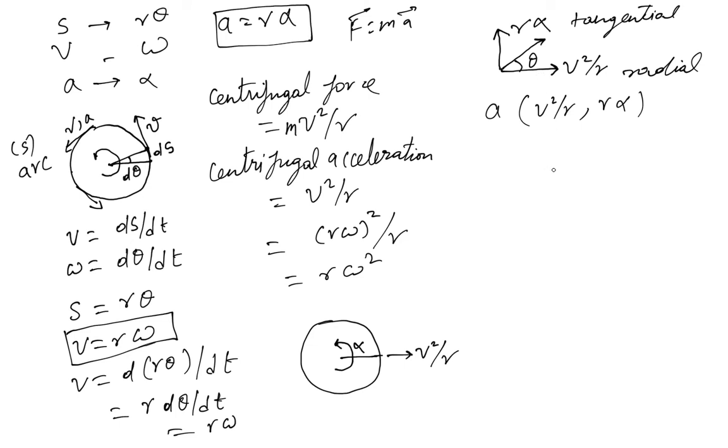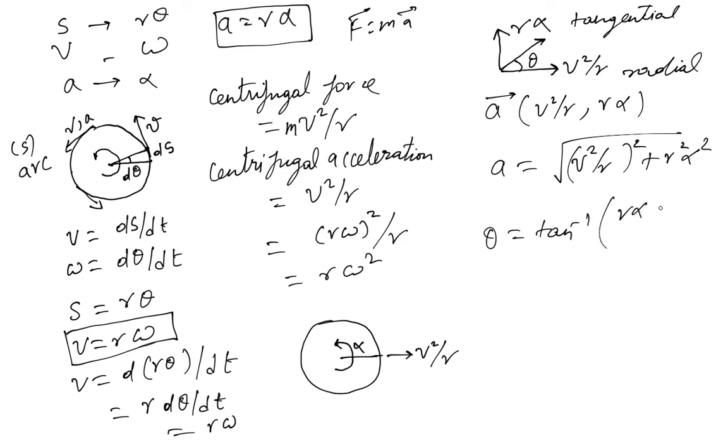So let's make a vector so that we differentiate; the magnitude is going to be, we already know how to do that, the square root of (v square over r) squared plus r square alpha square. This is the acceleration. And angle theta is going to be tan inverse of r alpha over v square over r, which is the same as tan inverse of alpha r square divided by v square. Right, this is the angle.